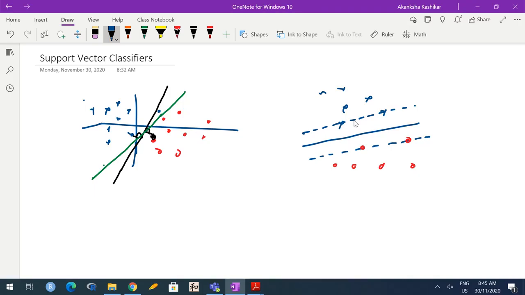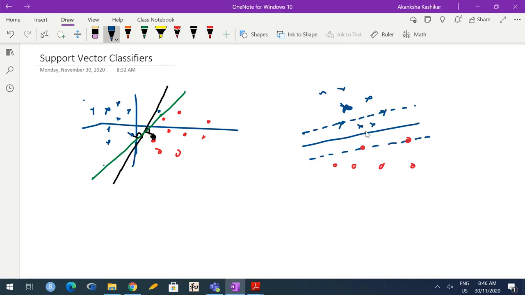There are two or three things. First of all, I can allow violation of the margin. What do I mean by violation of the margin? I can allow some observations of this class to be here. So they are on the wrong side of the margin, but they are still in the correct class. Getting it?